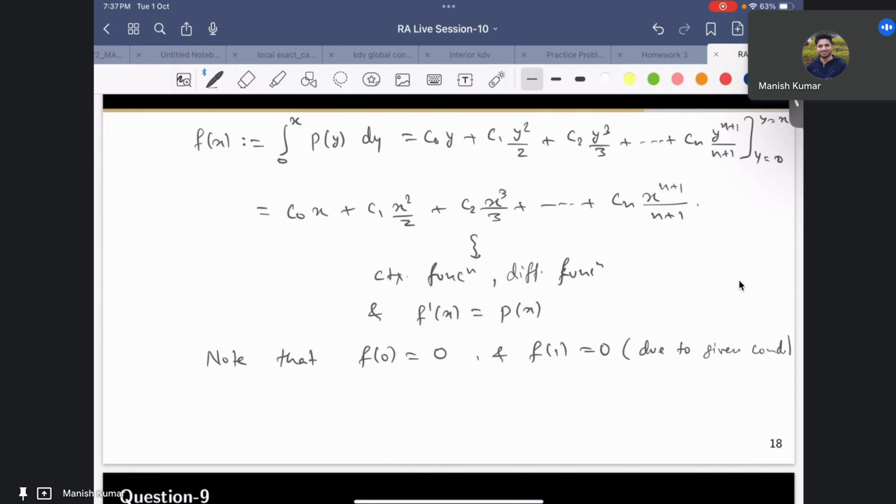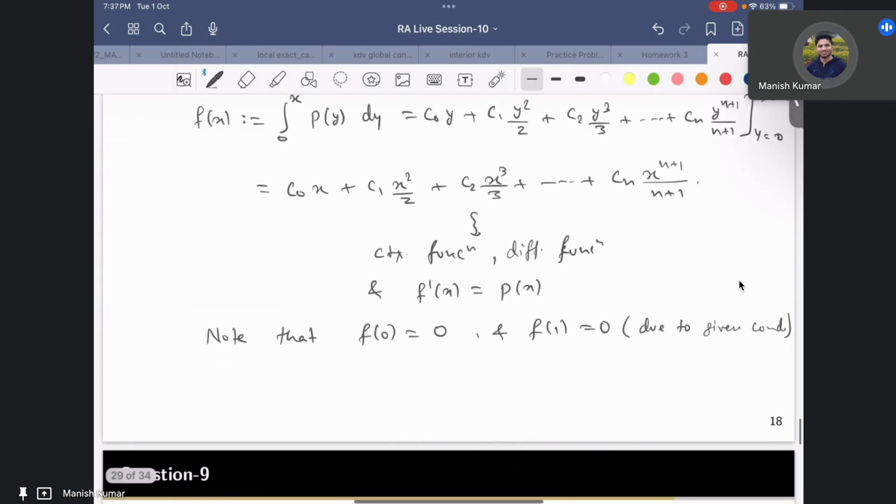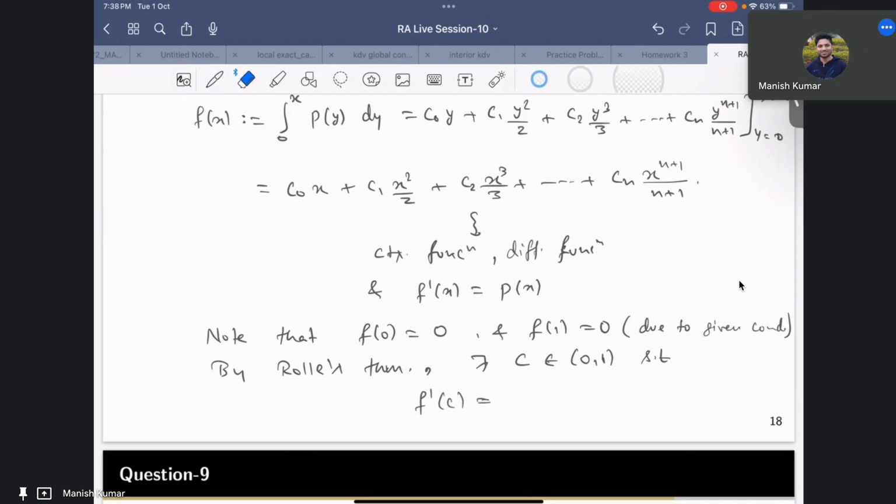Now since it is 0 at 0 and 1, then by Rolle's theorem or the mean value theorem, you can say that there exists some point C between 0 and 1 such that f prime at C is equal to 0, right?